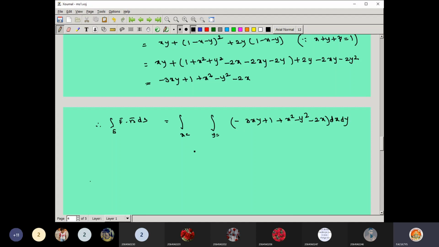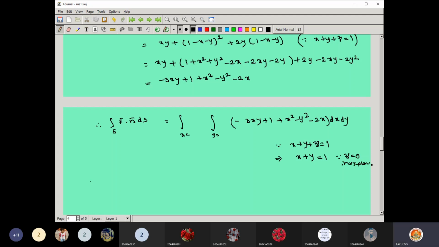And what do you think about the limits now? In order to get the limits, you look at the surface equation: x plus y plus z is equal to 1. Since you are taking the xy plane, you will only have x plus y equal to 1. The reason is z equals 0 in the xy plane.